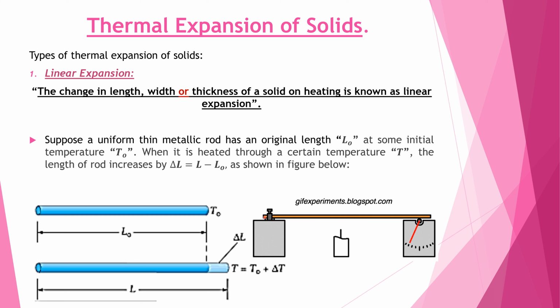You can see it in this figure more clearly: when the rod is heated, its length increases. Now we try to find out which factors this change in length depends upon.